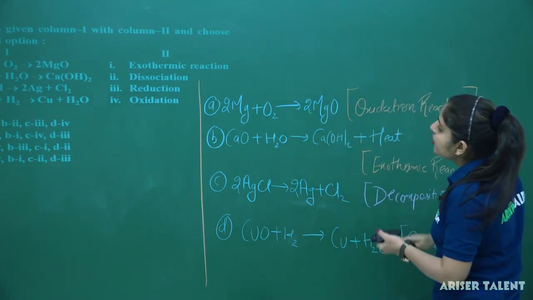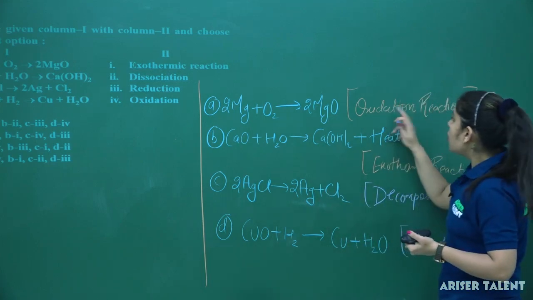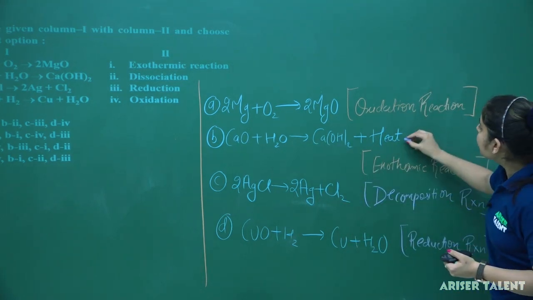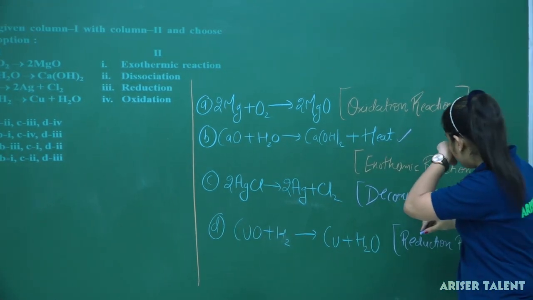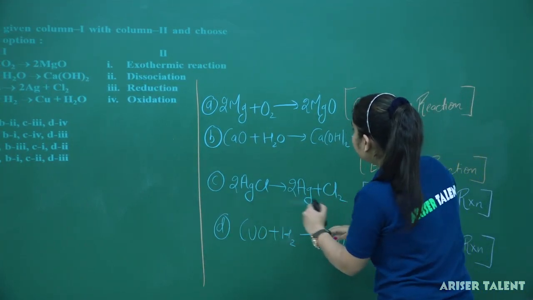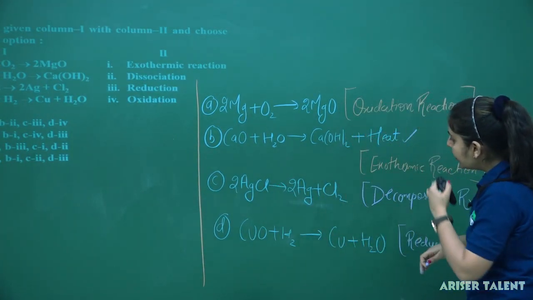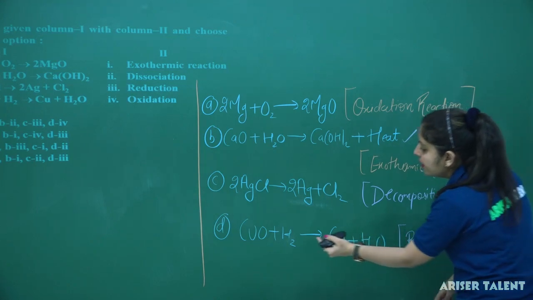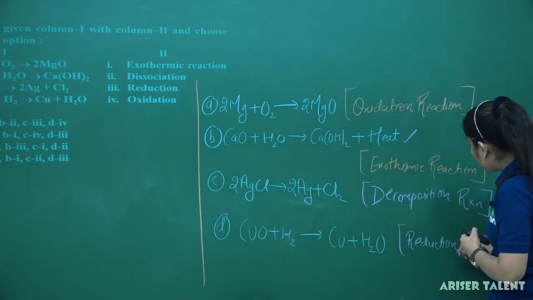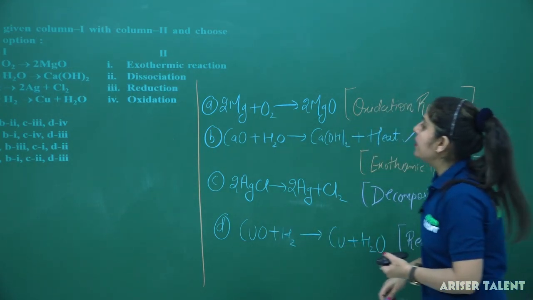So in this equation there is an addition of oxygen, so oxidation. In this equation heat is evolved, so it is an exothermic reaction. In this equation there is a decomposition of silver chloride. In this equation there is a removal of oxygen, so the removal of oxygen is termed as a reduction reaction.